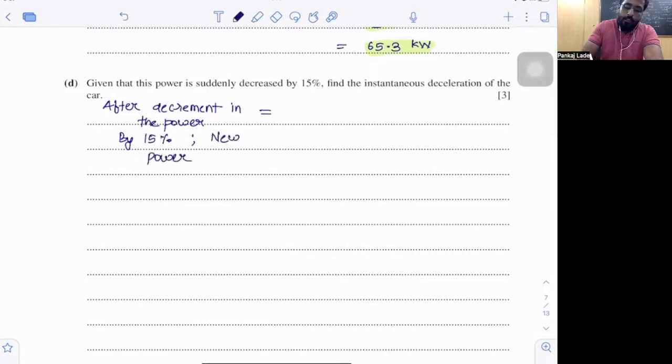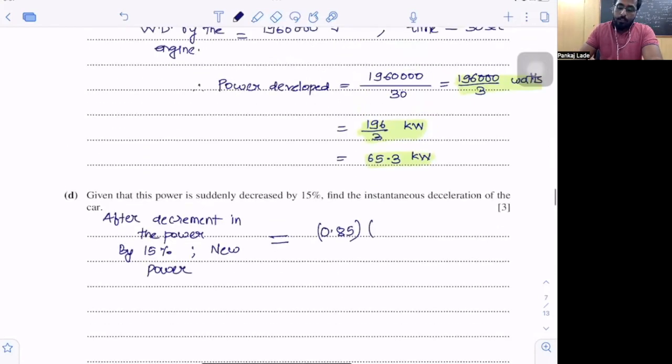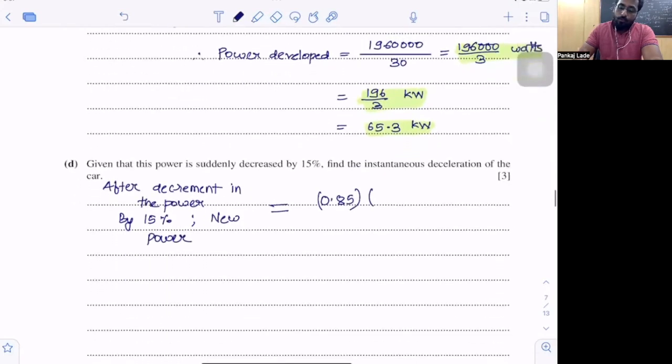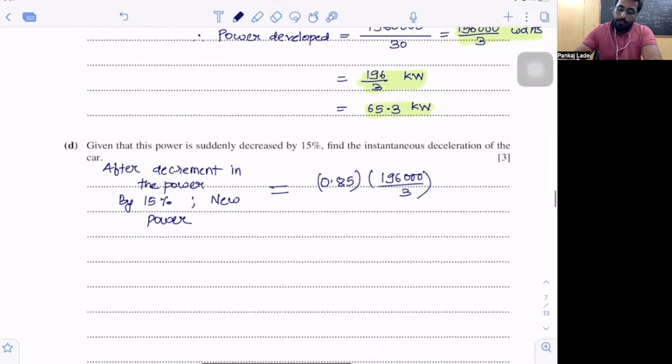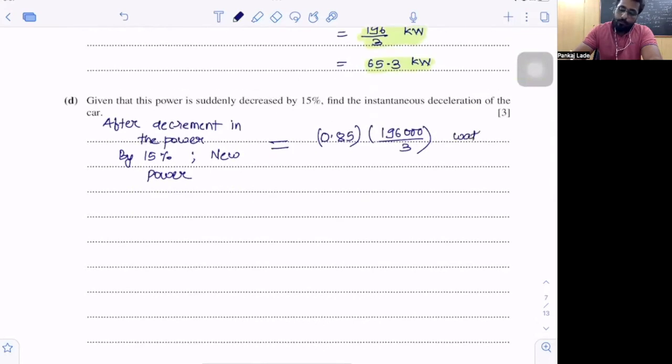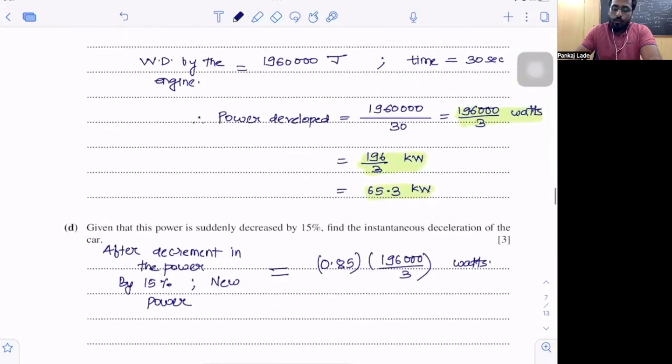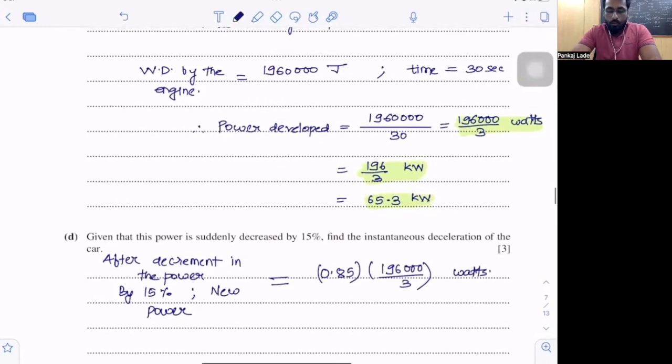New power is equal to 0.85 times, right? So it decreases by 15%, so the new power is 85%. 0.85 times 196,000 divided by 3 watts. Is that clear to you? Okay, so that's what the new power is.